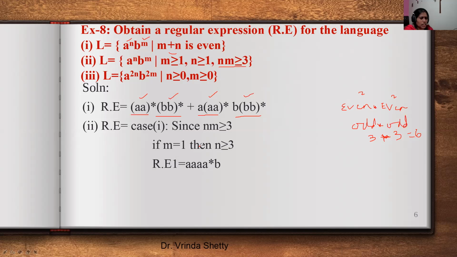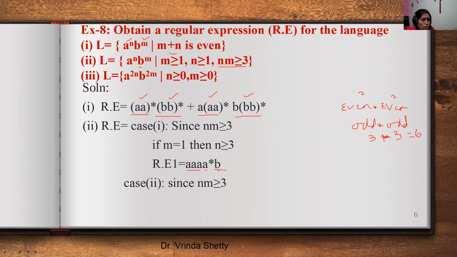See here. m is 1. What is m? m is b, 1. n is greater than or equal to 3. We put a star because equal to 3 also is possible, nm is equal to 3. So 3 A's, then A star. We'll get A A A A star, B. So we'll get 3 A's and B. 3 into 1 is 3. Minimum 1 I am getting.